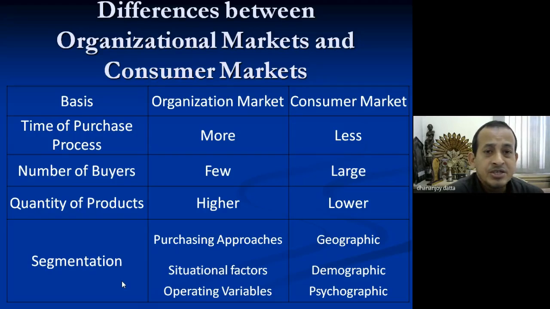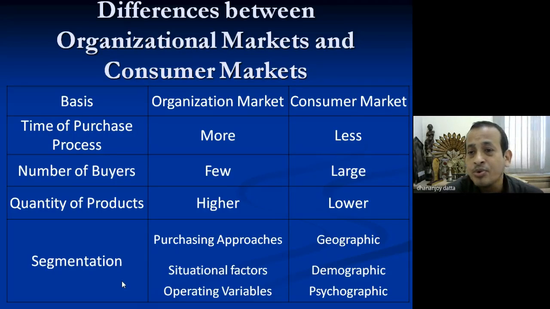Now the first basis of difference is time of purchase process. In case of organizational market, organizational buying will take much time. Much time means it will require a lengthy period. That's why the time involved in the purchase process is more.